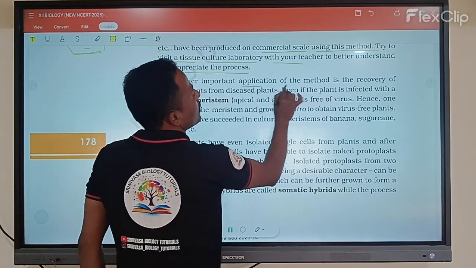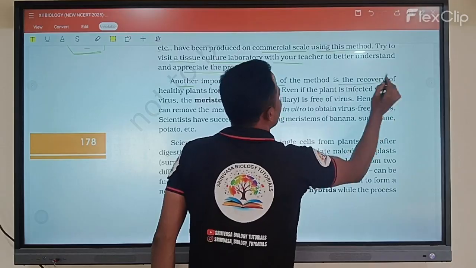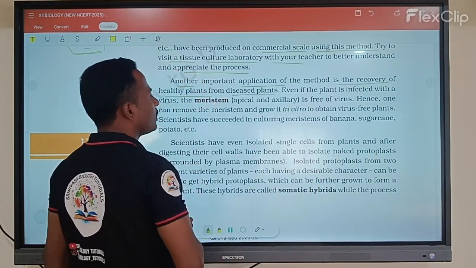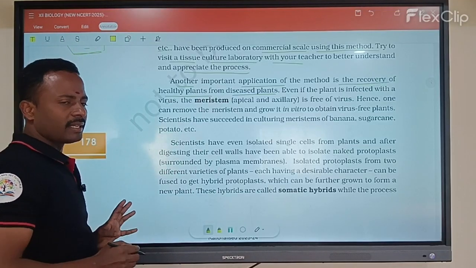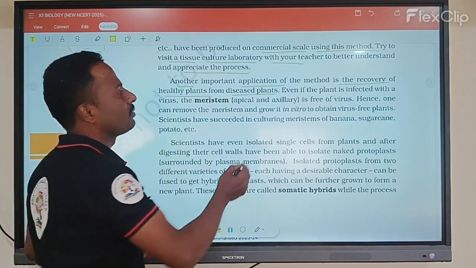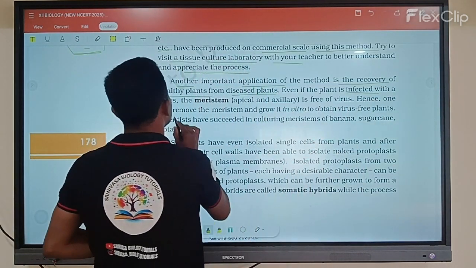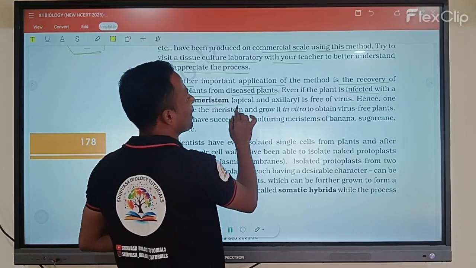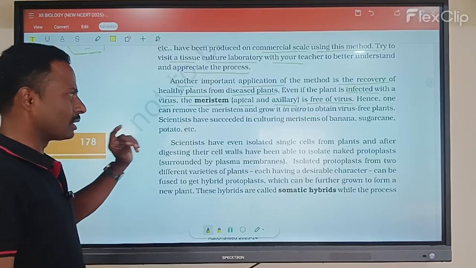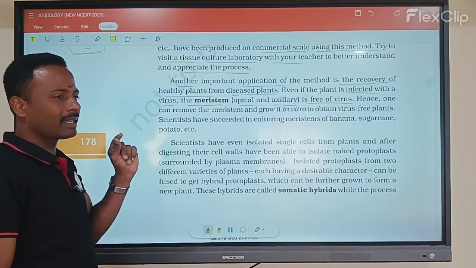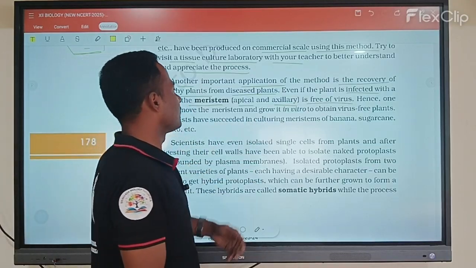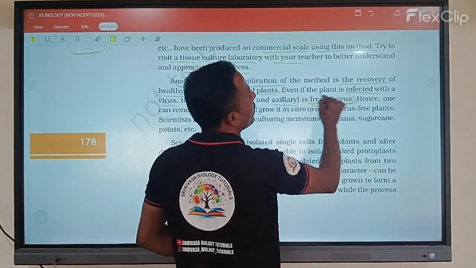Another important application of the method is the recovery of healthy plants from diseased plants. If a plant gets a disease, the disease can be transferred to other plants. If a plant is infected with a virus, the meristem, the apical or axillary one, is free of virus.